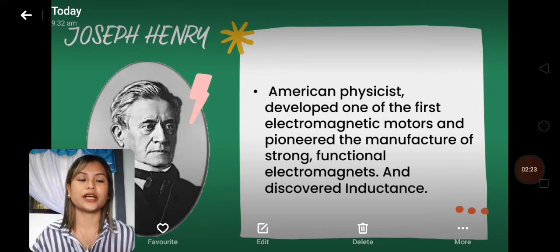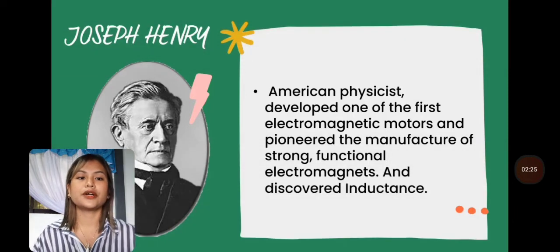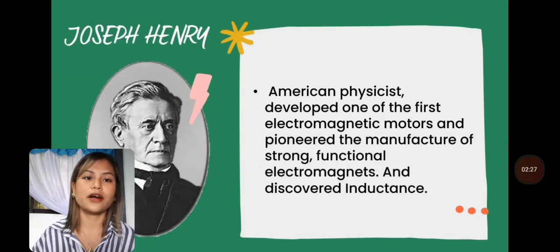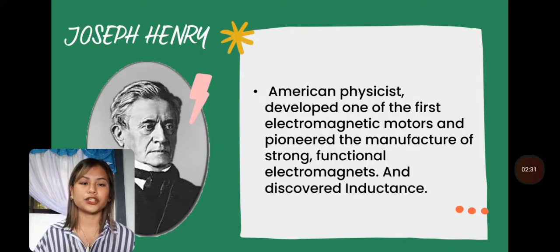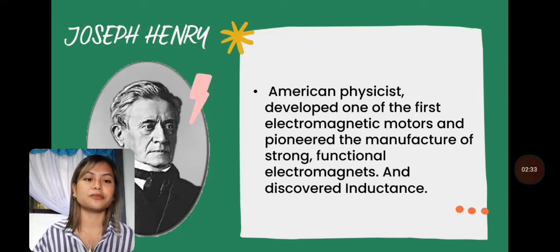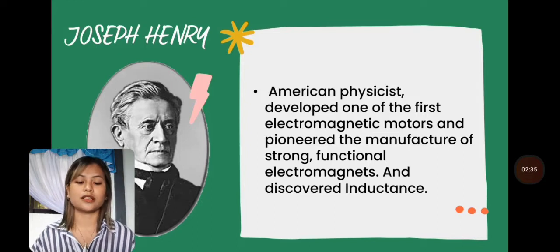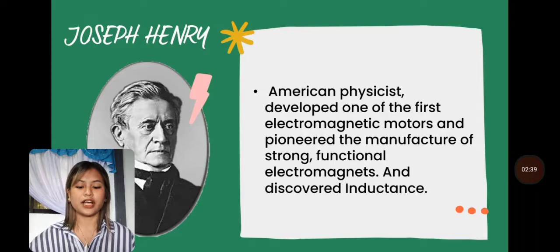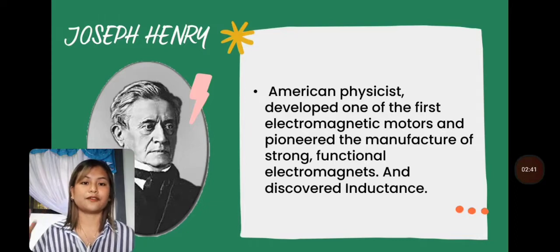It is Joseph Henry, an American physicist who developed one of the first electromagnetic motors and pioneered the manufacture of strong functional electromagnets and discovered inductance. As we all know, the electric current flowing through an inductor creates a magnetic field around it.